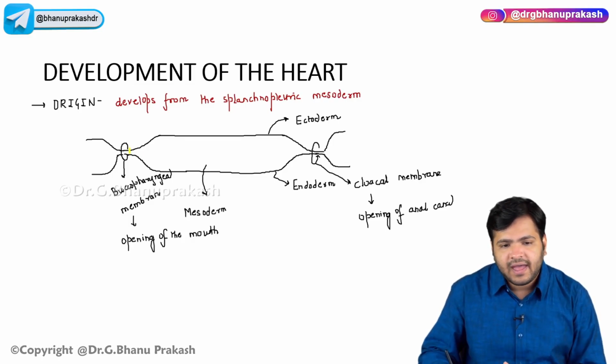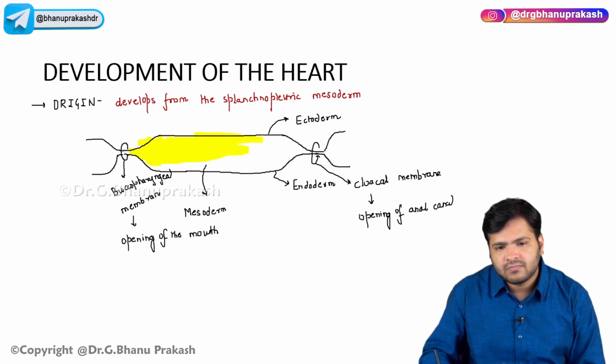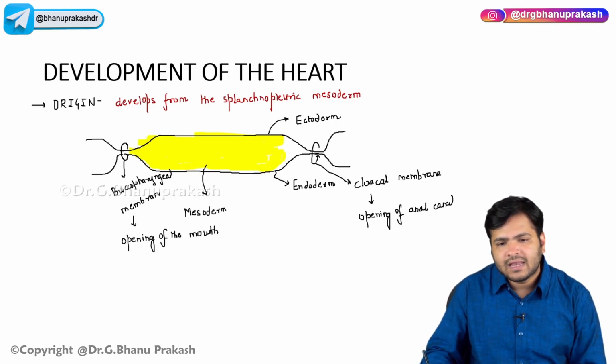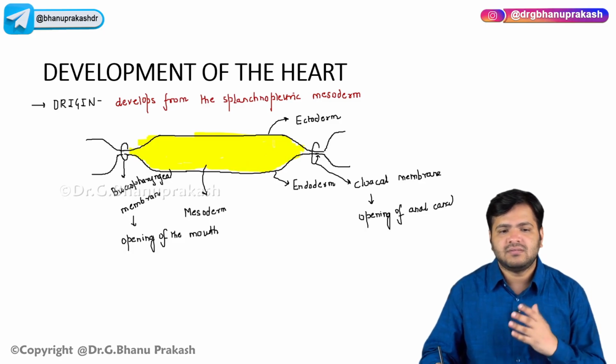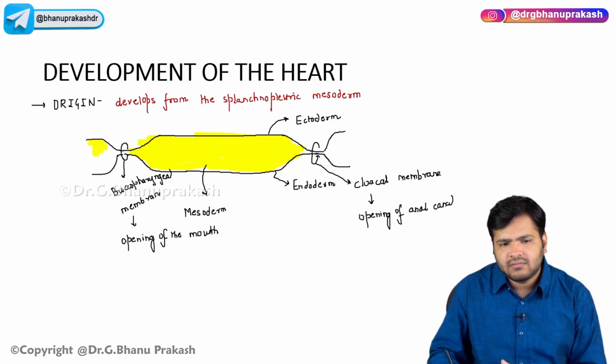This area which I am highlighting right now is the mesoderm. At 2 points this mesoderm will be absent. I have already told you the reason why. This is the site of the buccopharyngeal and the cloacal membrane, and later it will be present like this.